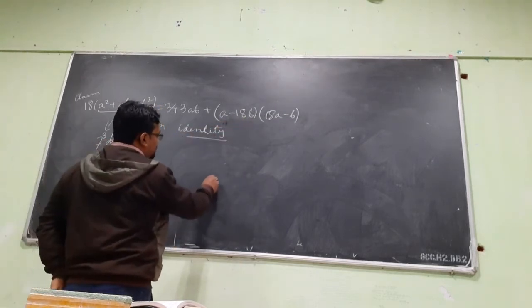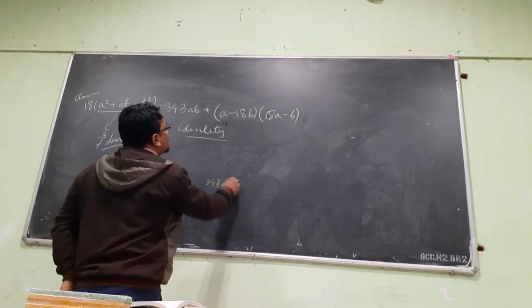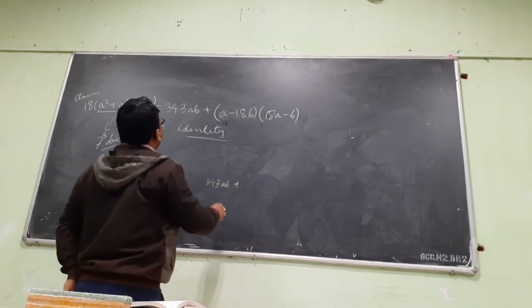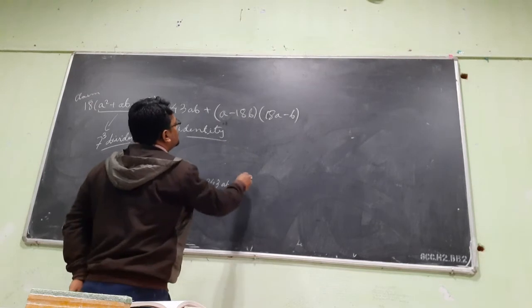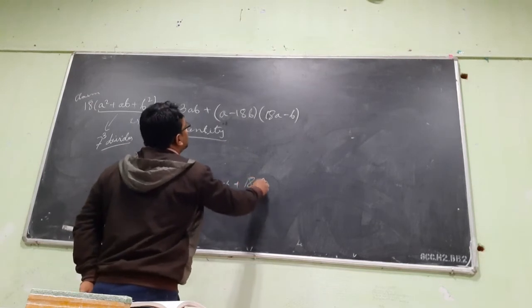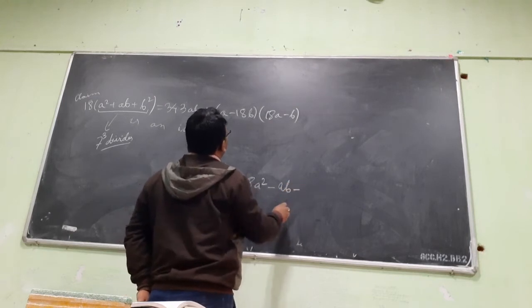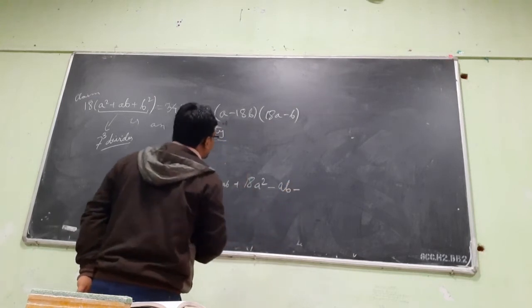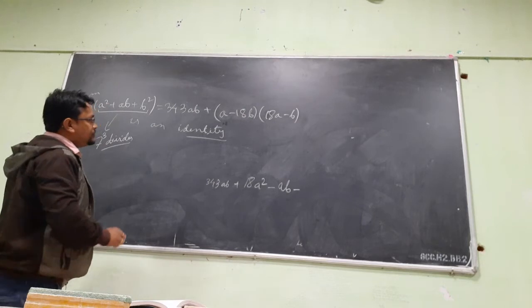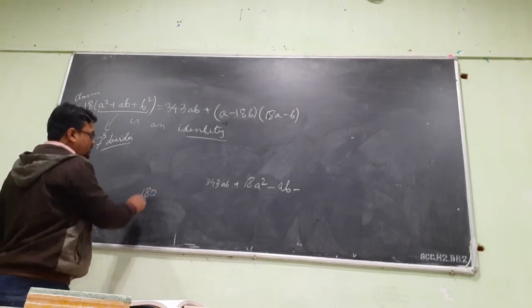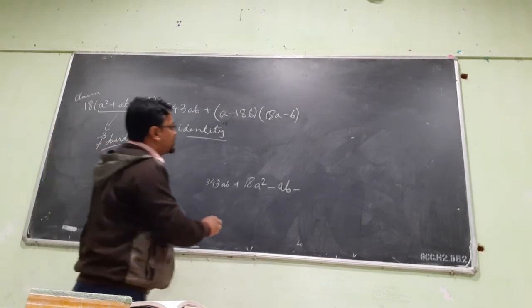So it's 343 AB minus 324 AB, that is 19 AB actually. Then 18A square minus AB minus 18 square. 18 square is how much? 324.